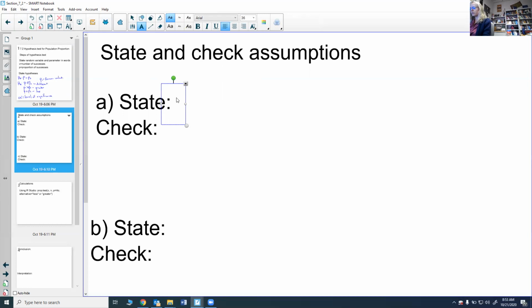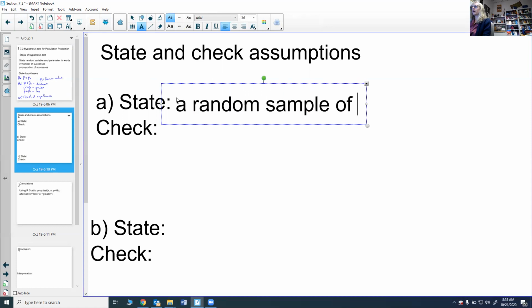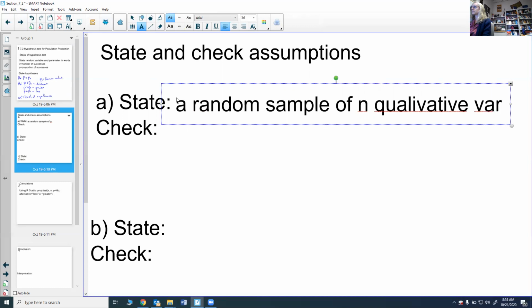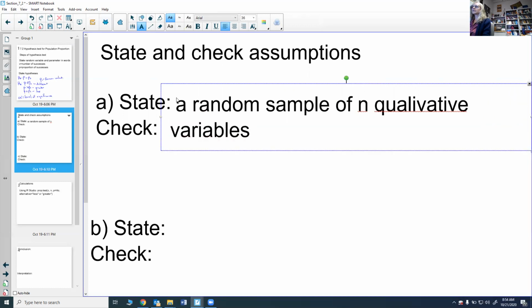The very first one we'd state is that you have a random sample of n qualitative variables. So actually what I should say is you have a random sample of a qualitative variable from n individuals or measures of units of measure.